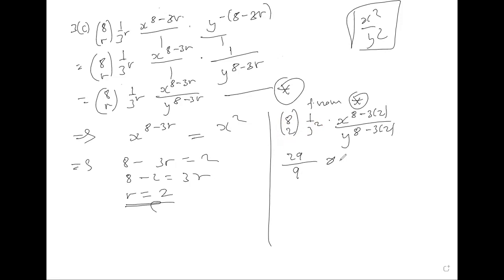And then we have x, when you simplify here, 8 minus 6 is 2, so we are getting x to the 2, y to the 2. So this is a term that contains x squared over y squared. This is the required term. Okay, so this is where this question ends.